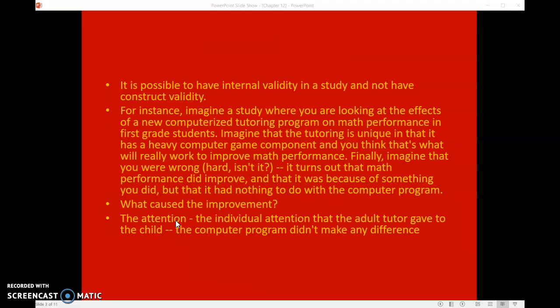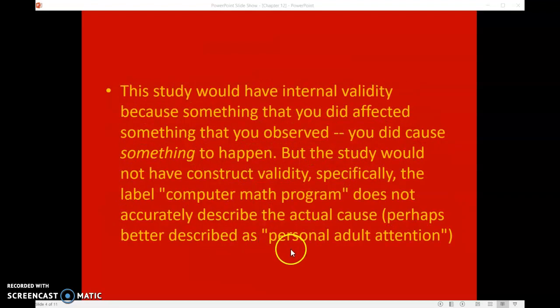So in this example, we have internal validity because we did something with the students. It did result in an improvement in performance, but it wasn't what we thought it was. It was something else. And trying to control for that, to determine whether or not it's this or this, really is a challenge to do in educational research.